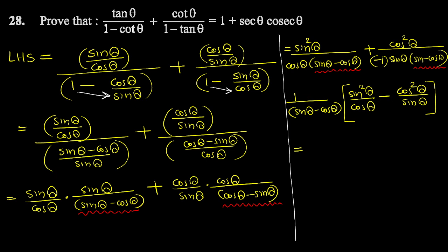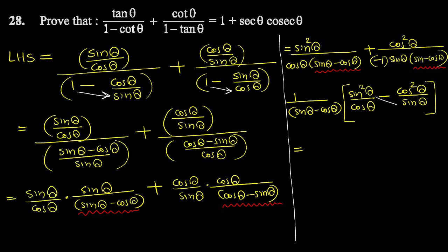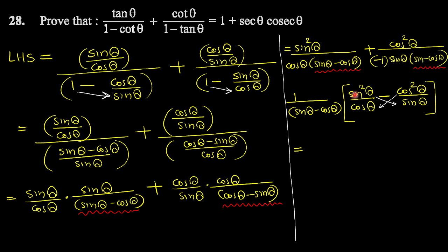So the numerator, look here. What you have to do is subtraction of fractions. You can do the cross multiplication like this. Sin square into sin will be sin cube theta. Minus, cos square into cos, cos cube theta.